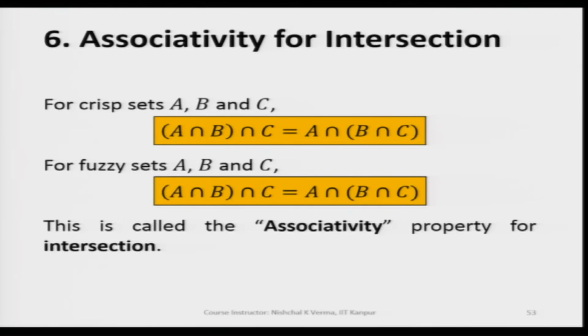Now, let us do the same thing. Let us now check the associativity property for intersection. So, for crisp sets A, B and C, the associativity property for intersection is satisfied, and for fuzzy sets A, B and C it is also satisfied, but we need to verify by taking some examples.